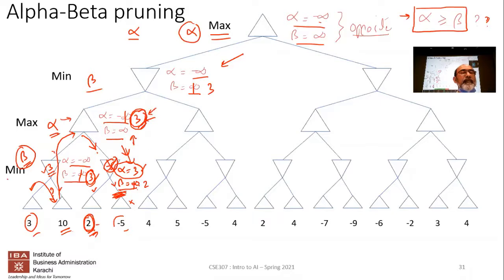Yes, we did visit it. Why? Because we looked at the comparison of alpha is greater than or equal to beta. And since alpha over here was not greater than or equal to beta, we did evaluate this. So every time you go downwards, you do that evaluation whether alpha is greater than or equal to beta.